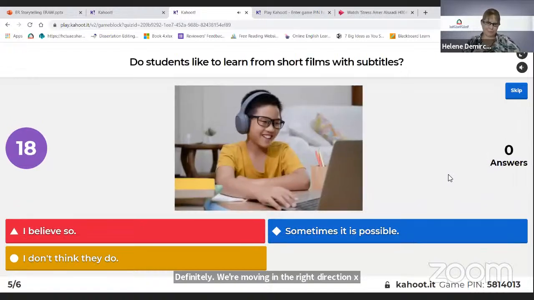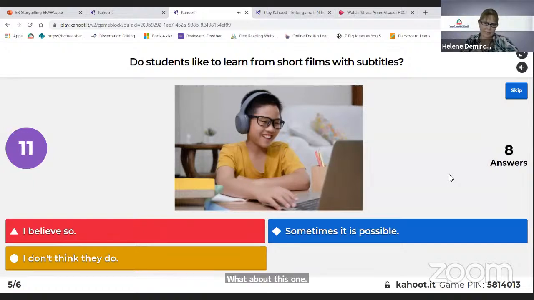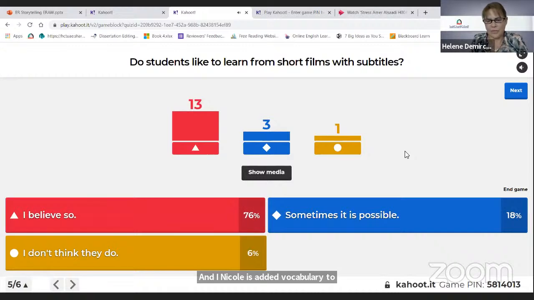What about this one? And Aina Gul has added vocabulary too to the list. Yes. Sometimes. Okay, so most of the people participating think that they do. Have you got any comments, Denise, about short films?